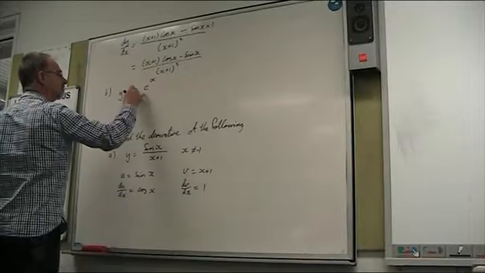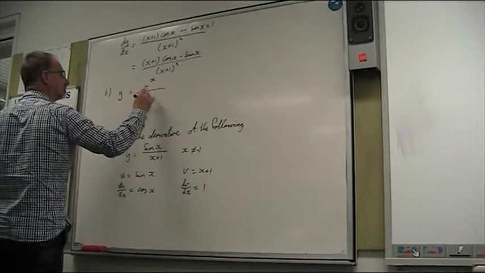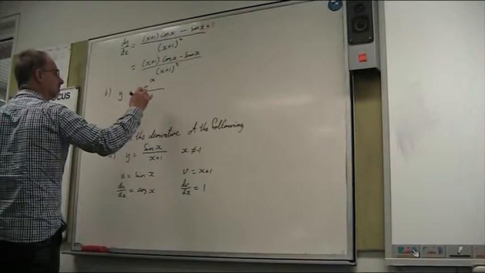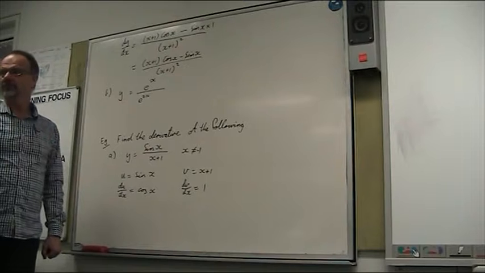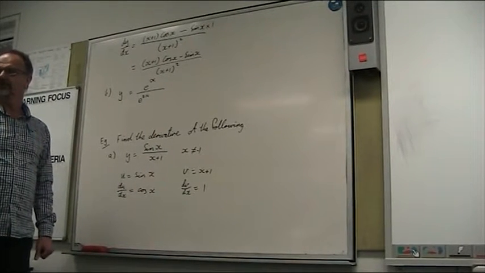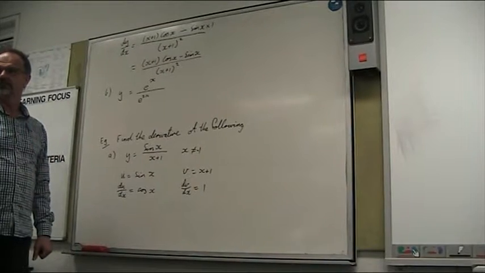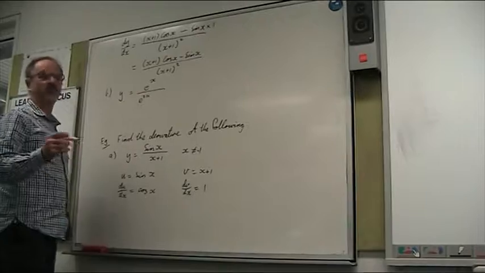Can't you put it as cos x minus sin x over x plus 1? You could write it as probably cos x over x plus 1 minus sin x over x plus 1 squared. You could, yeah.